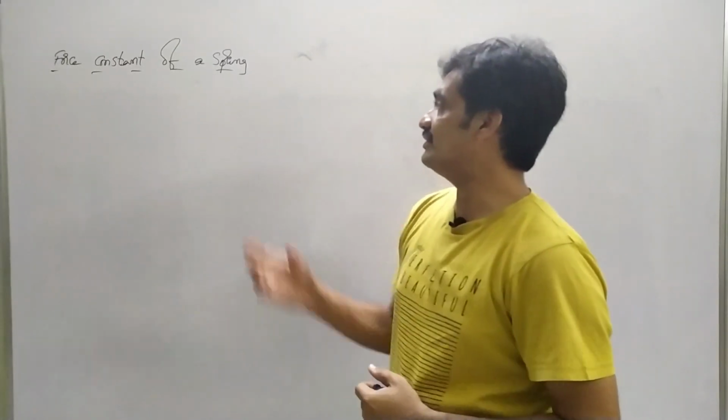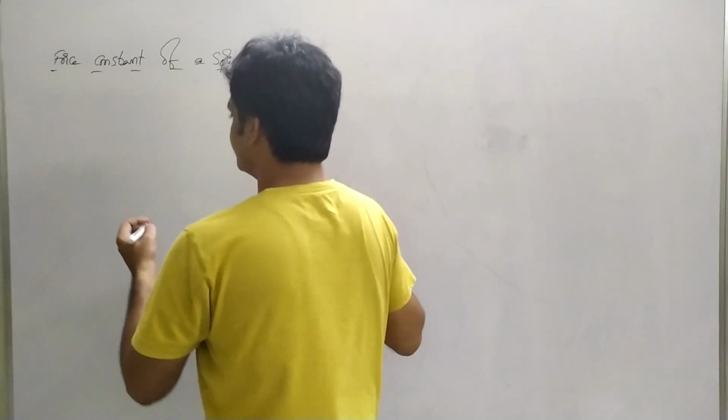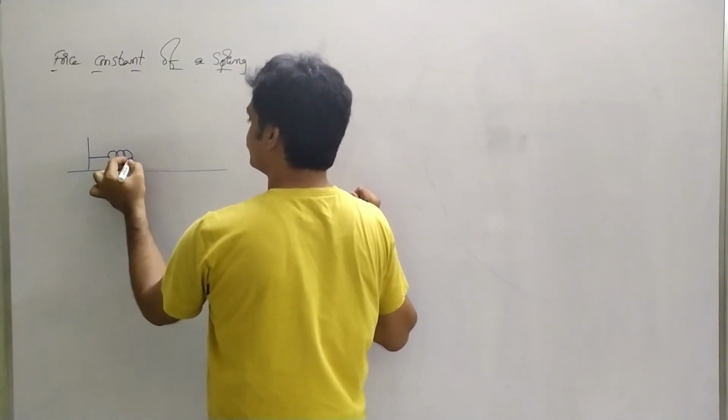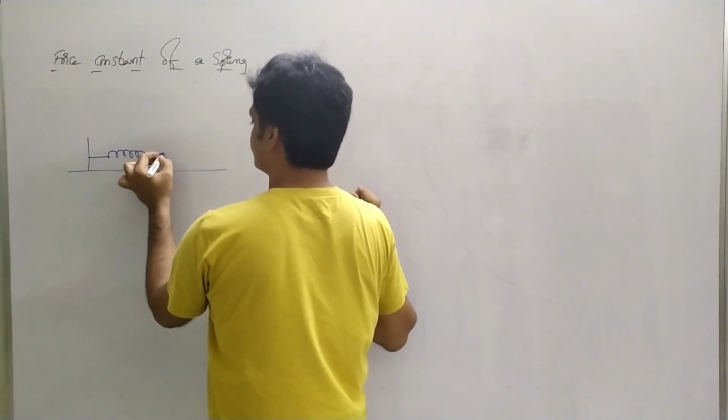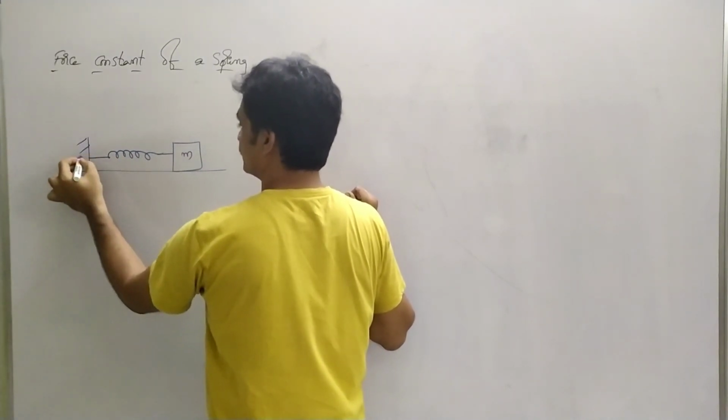Let's start this topic: force constant of a spring. Here we consider a spring which is attached to a body of a mass along the horizontal.